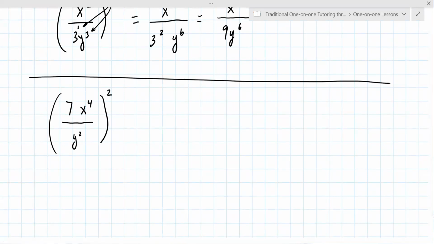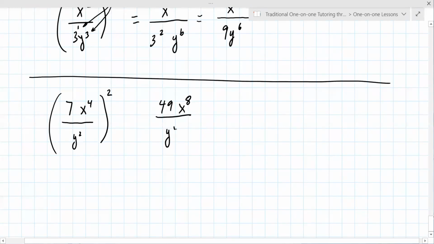Would it be 49x to the 8th over y to the 4th? Perfect. Yeah, that's correct.